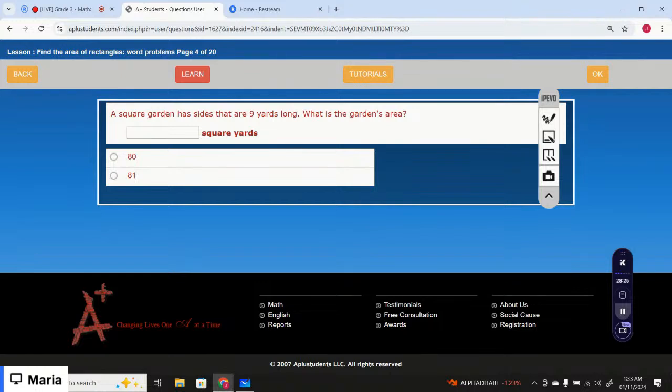A square garden has sides that are 9 yards long. What is the garden's area? So, which is the correct option?